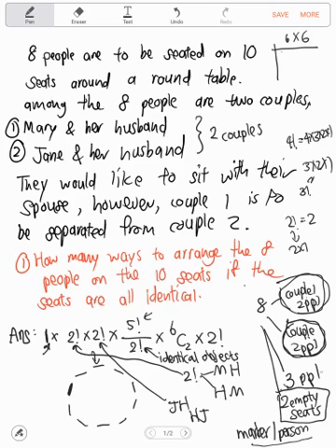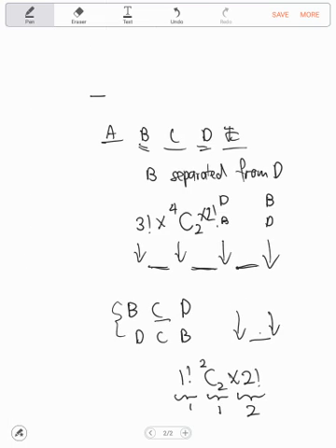Because I have 5 separators over here, I have 6 slots to sit the 2 couples. Why in this case is it 2 couples? For example, if I arrange the 5 separators around the round table, this is the marker.